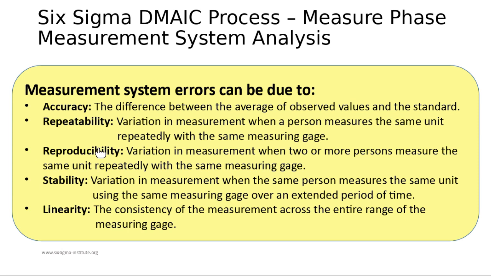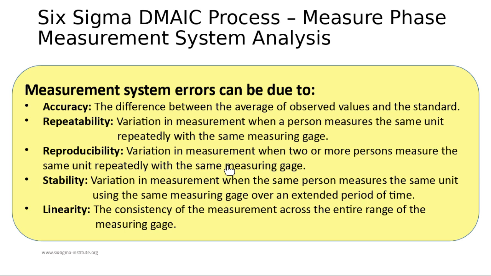Reproducibility is the variation when two or more persons measure the same unit repeatedly with the same measuring gauges. The difference between reproducibility and repeatability: repeatability is the same person with the same measuring tools, while reproducibility is different persons using the same tools.